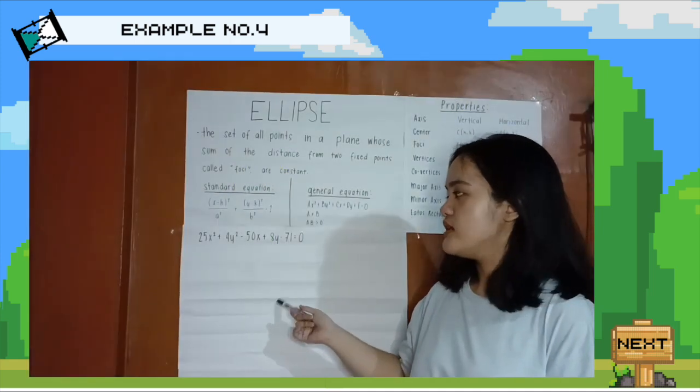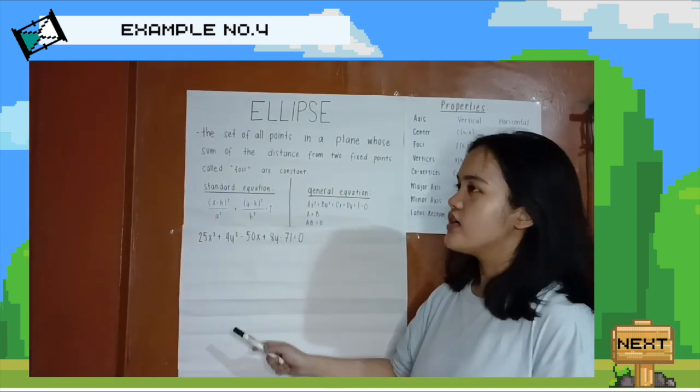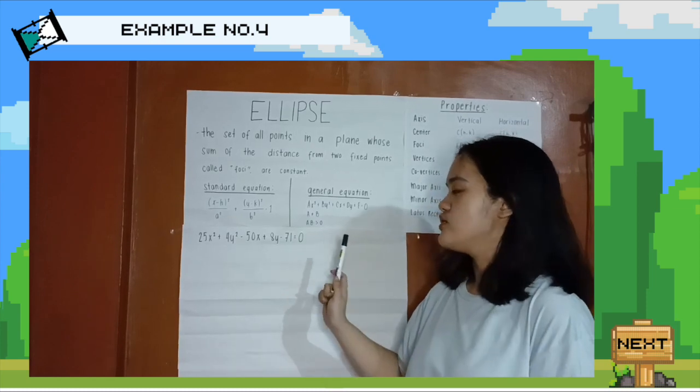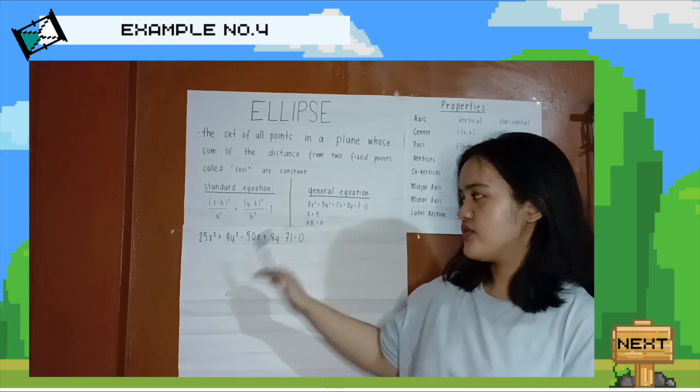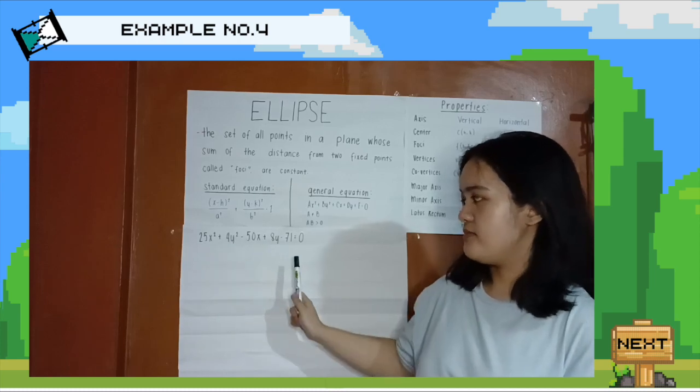For example, we will be solving from general to standard to properties. So the first step is to group them.